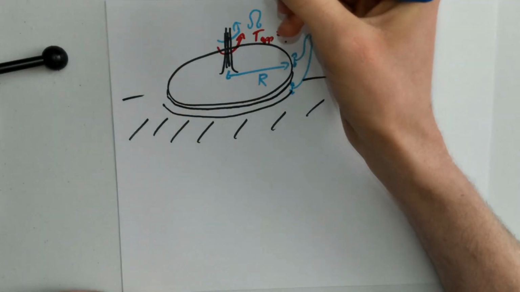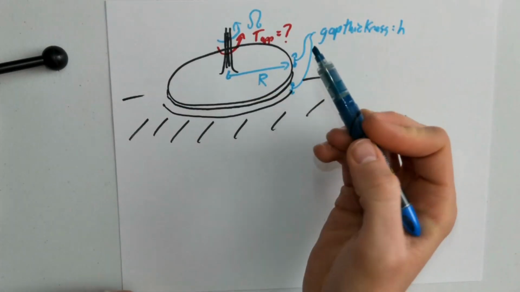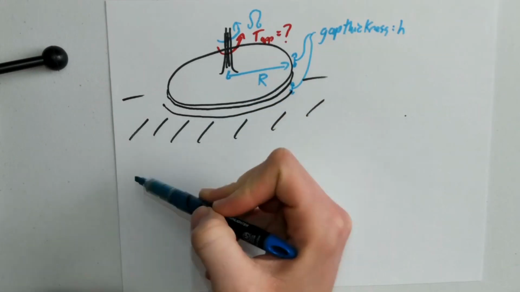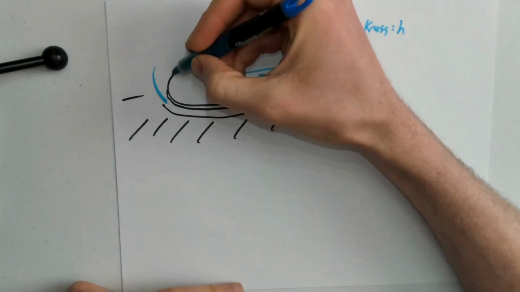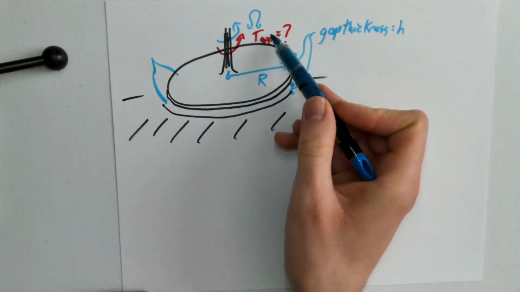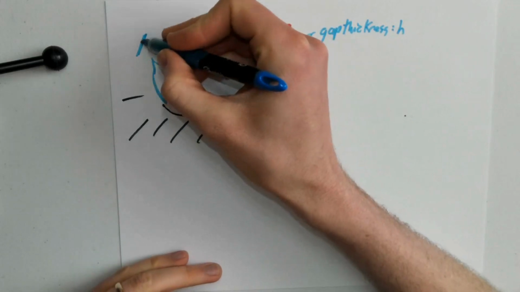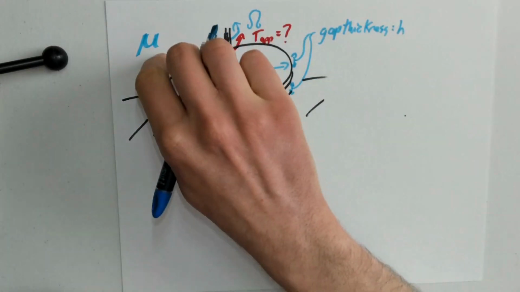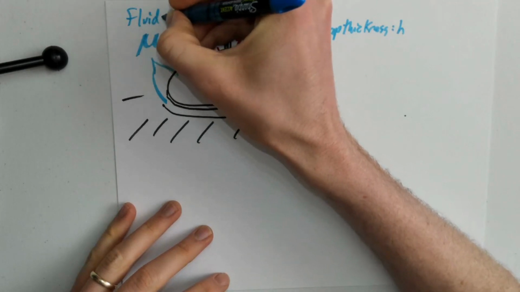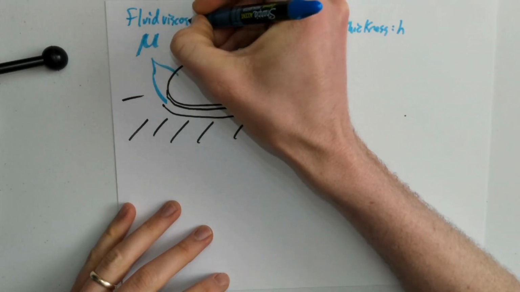And let's just say, although in practice this device would be used to measure and characterize the viscosity of the fluid, let's pretend we knew the viscosity of the fluid and we wanted to guess what the torque was, right?